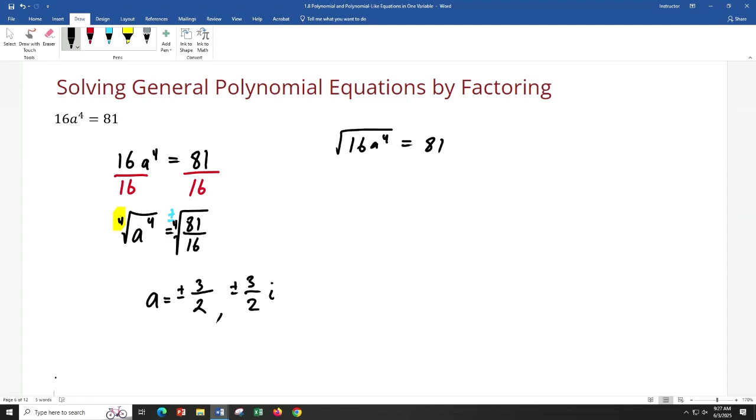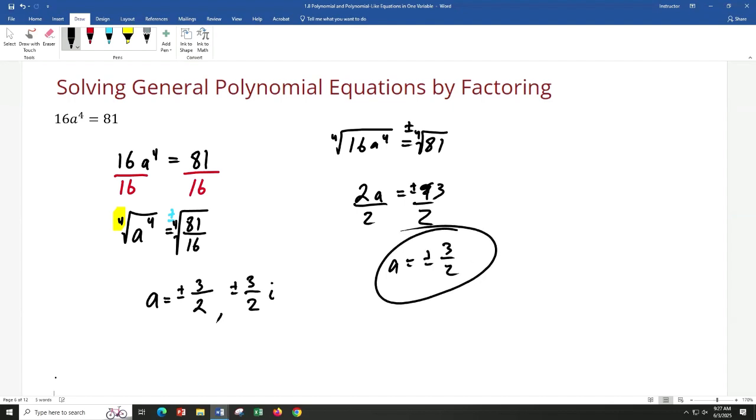If I take the fourth root here, I've got to take the fourth root here, don't forget your plus or minus. Fourth root of 16 is just going to leave me with 2a is equal to plus or minus 3, divide off the 2. Sorry, plus or minus 3. So a is equal to plus or minus 3 over 2. I skipped a step.